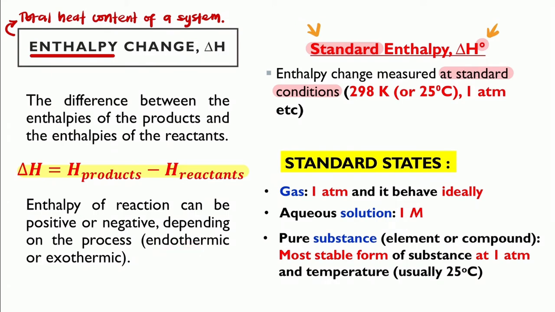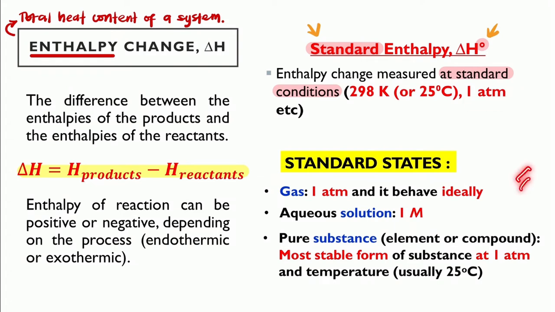The other definition that you need to know is standard enthalpy. So what does it mean by standard? Standard is denoted by this circle symbol up here. This is not just delta H, the enthalpy change, but standard enthalpy, delta H standard. Standard means that the reaction occurs at standard conditions, which are 298 Kelvin and 1 atm.